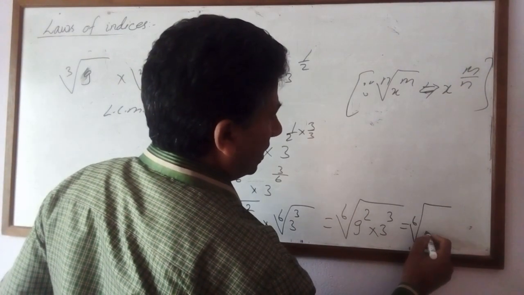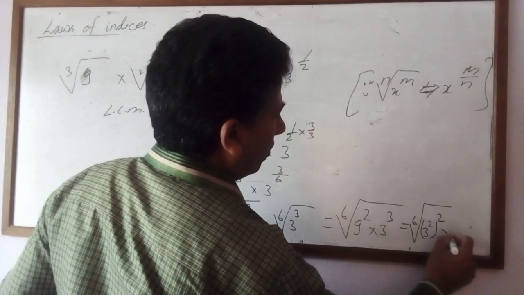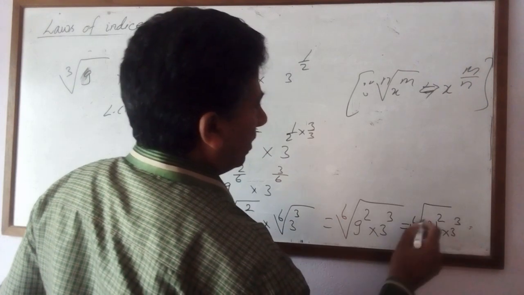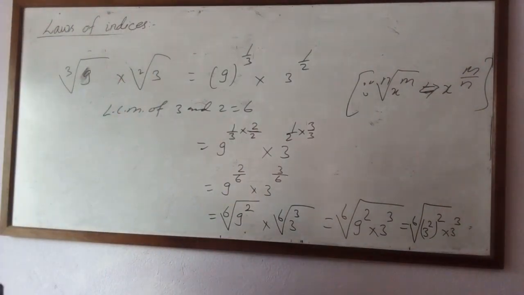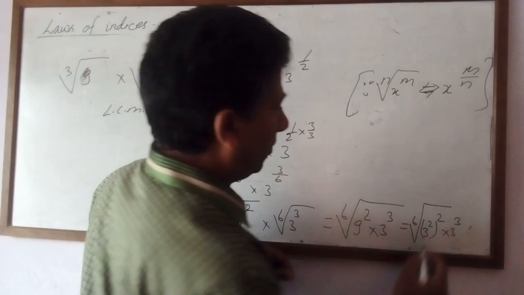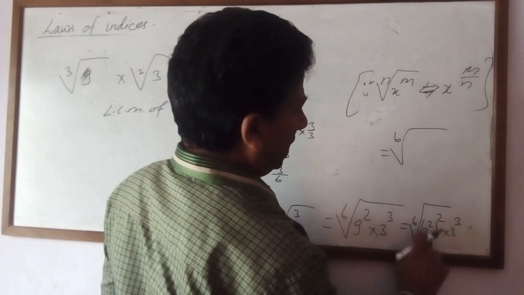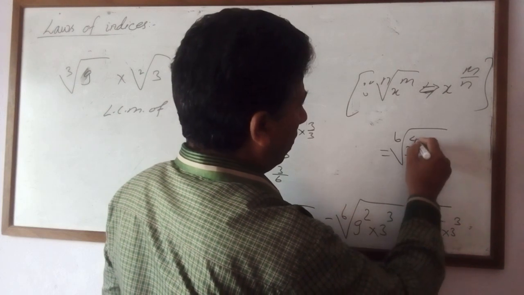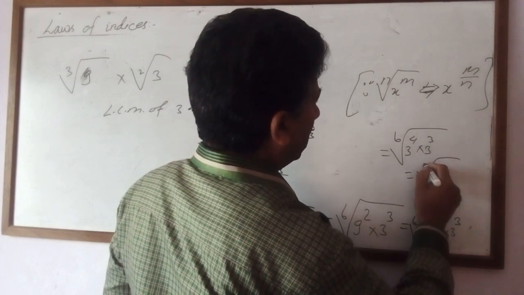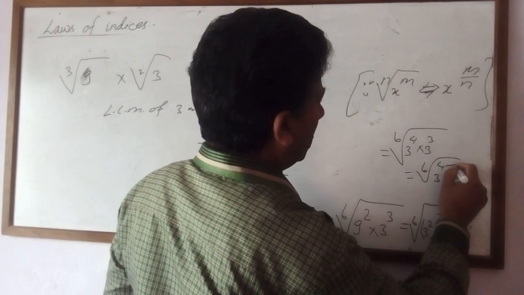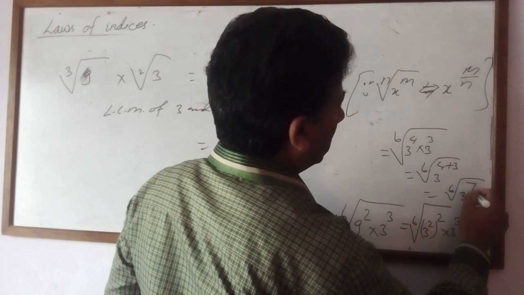Here, the sixth root, 3 squared means 9, so 9 has power 2, that is 3 power 4. Now after this you can multiply. The sixth root of 3 power 4 times 3 power 3 will be the sixth root of 3 power 4 plus 3, same base, so the sixth root of 3 power 7.